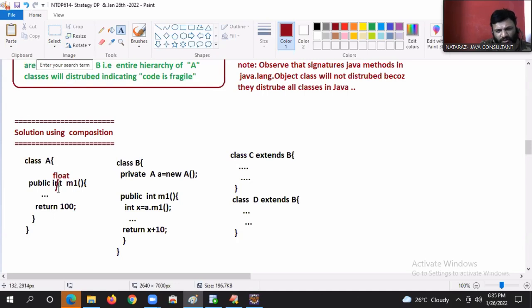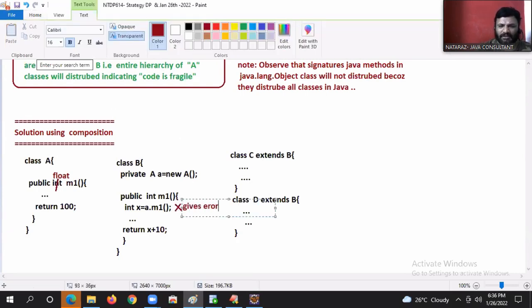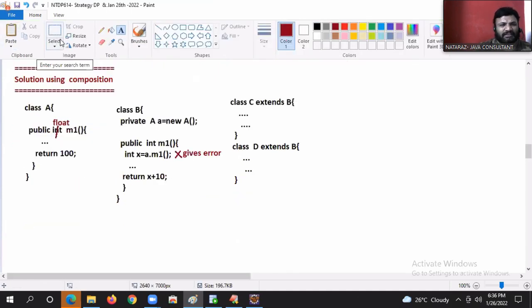Only this method call will be disturbed. Nothing else will be disturbed, right? Since this is disturbed, we'll get an error here. But do you think other things are disturbed? Since other things are not disturbed, I'll just correct only that line, not the remaining things.